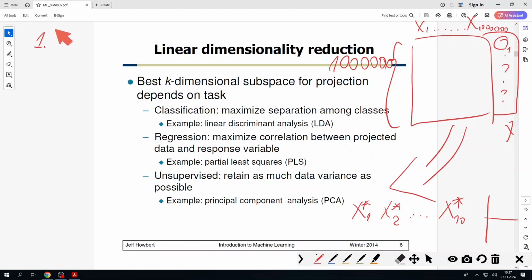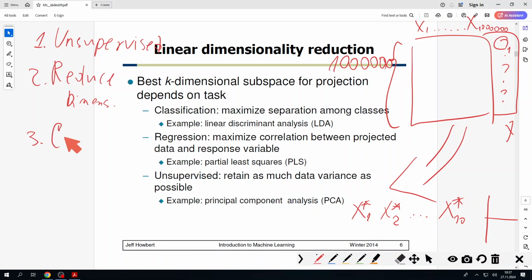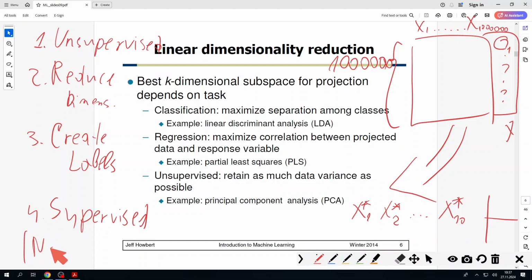So we start with unsupervised, then reduce dimensions, then create labels, which is often also a process of this dimensionality reduction as well, and only then we want to treat this problem as supervised, to, let's say, train a neural network, for example.